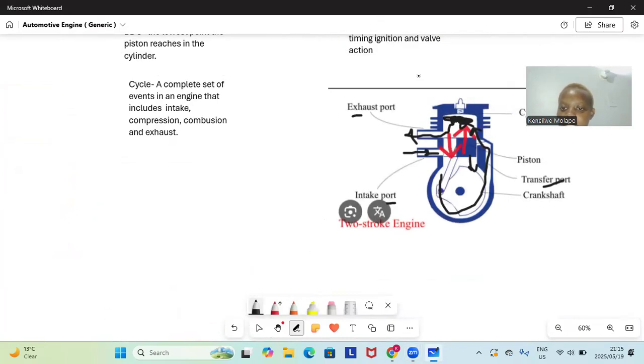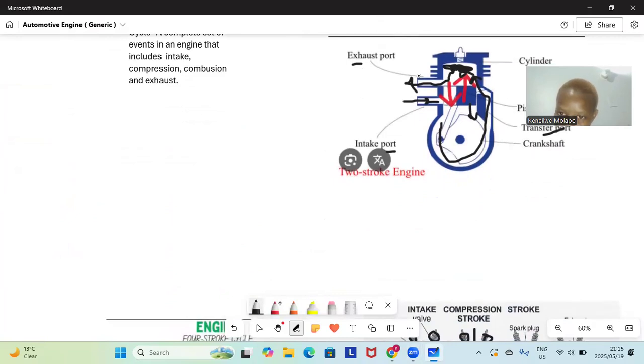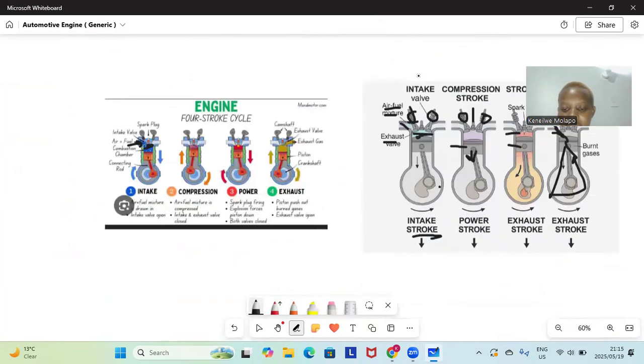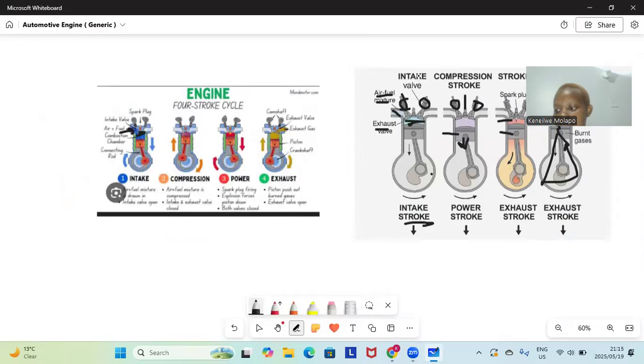A two-stroke engine does not have valves, but it has ports. The other thing you have to know is that the ports are a simpler design, but the valves here are more complex.